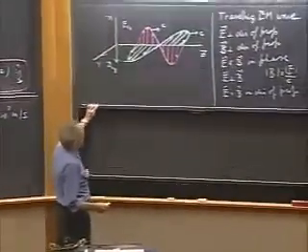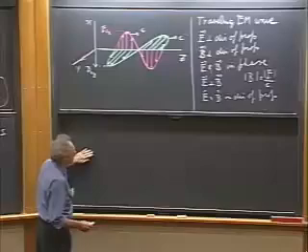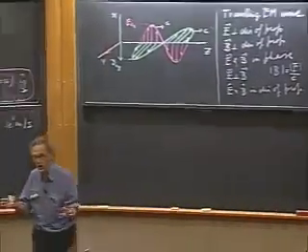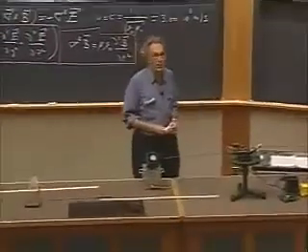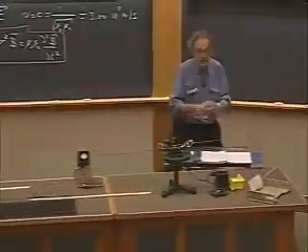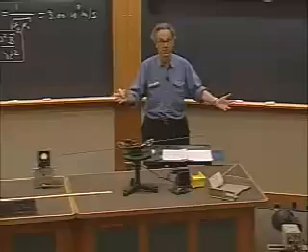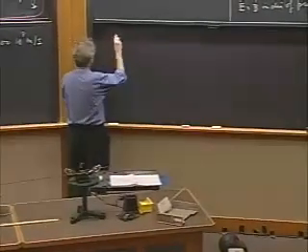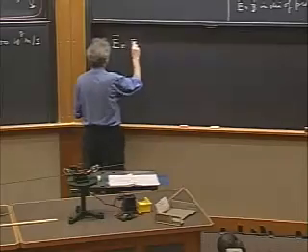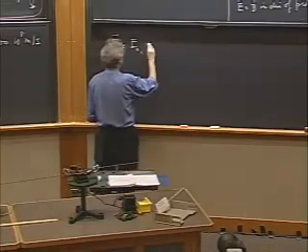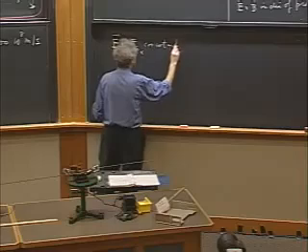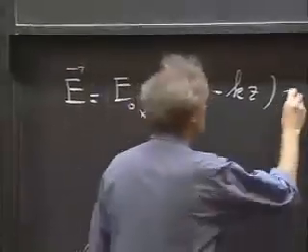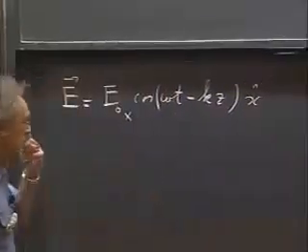So therefore, I can write now a somewhat more complicated form for a traveling wave, in which I give it both a component in the x direction as well as a component in the y direction, and I can even change the phase between the two. In other words, the following E vector is perfectly kosher: E0x times the cosine of omega t minus kz, that would then be in the x direction.